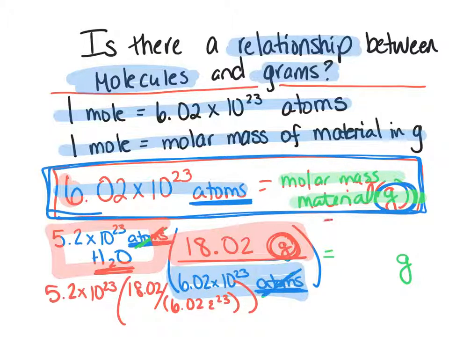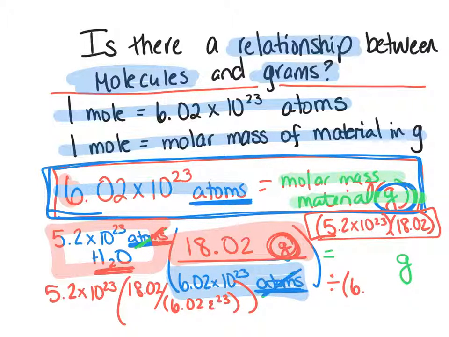What we're doing is taking 5.2 times 10 to the 23rd, multiplying it by 18.02, and then taking that answer and dividing it by 6.02 times 10 to the 23rd power.